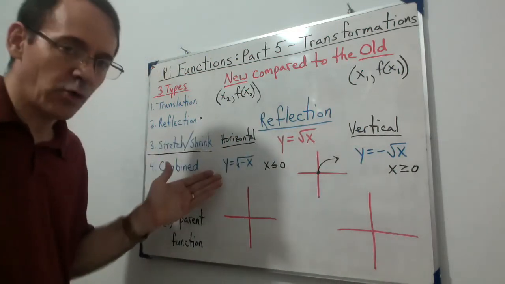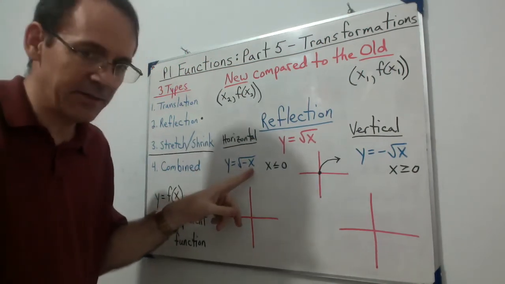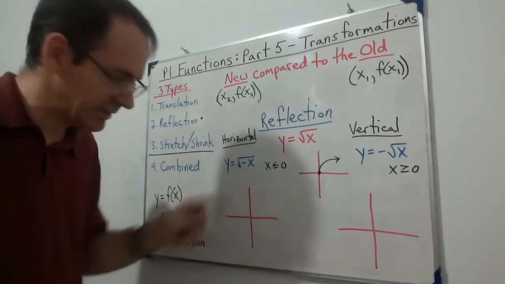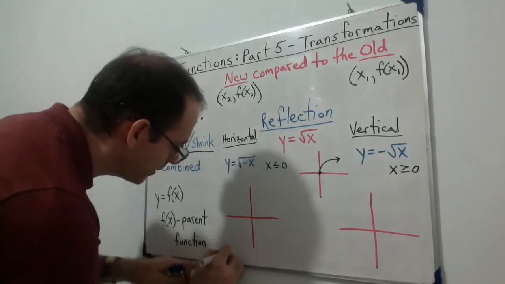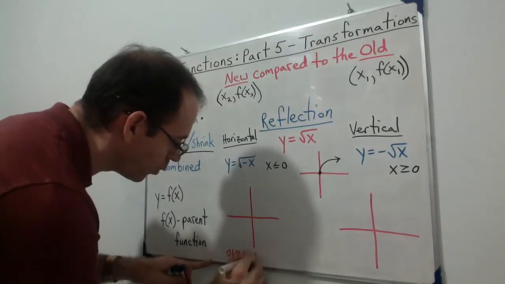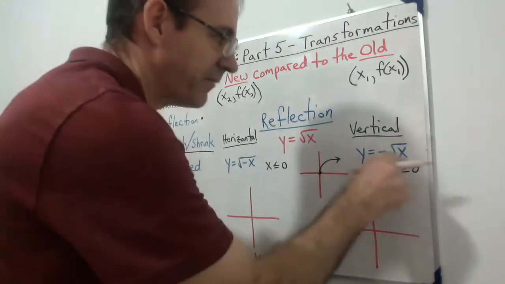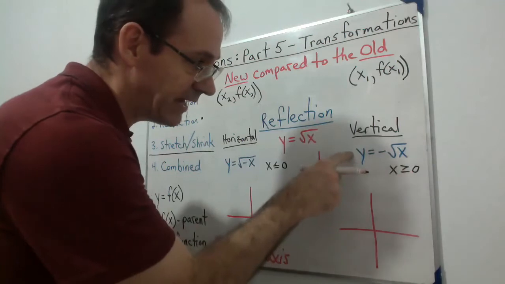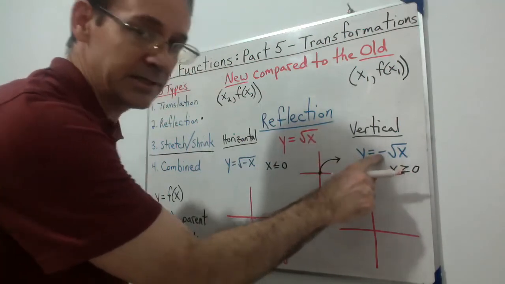Here would be a horizontal example where the negative is on the x. So remember, if the negative is on the x, it's going to reflect over the y-axis. And if the negative is on the function itself, meaning on the y, notice you could divide the negative over and it's on the y, or divide it over here, doesn't matter.